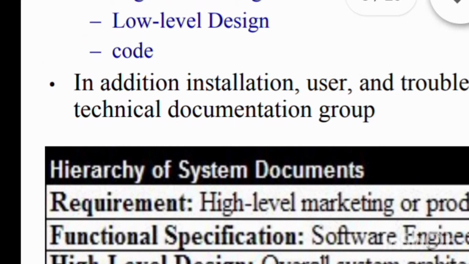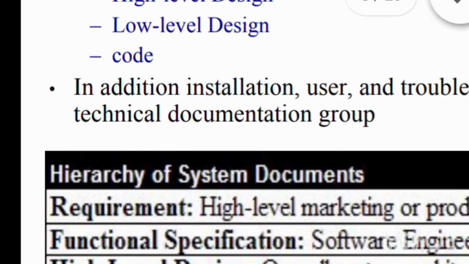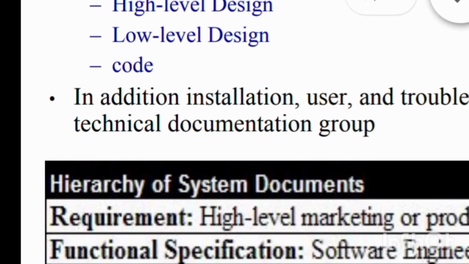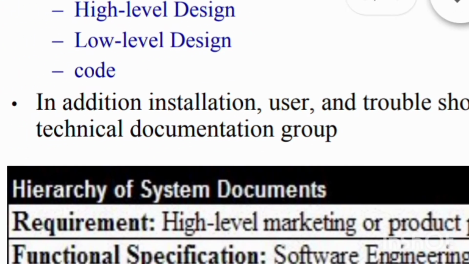So whatever the documents listed above, they must be represented in this table: system documents, requirement, functional specification, high level design, low level design, and programming code. In the requirement, a high level marketing or product proposal is kept.